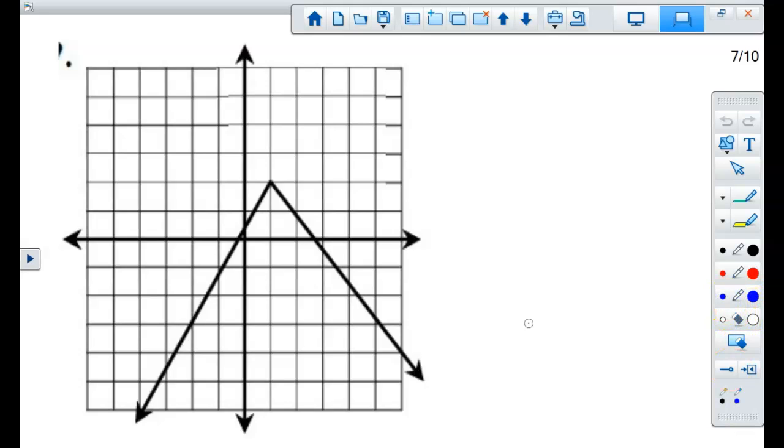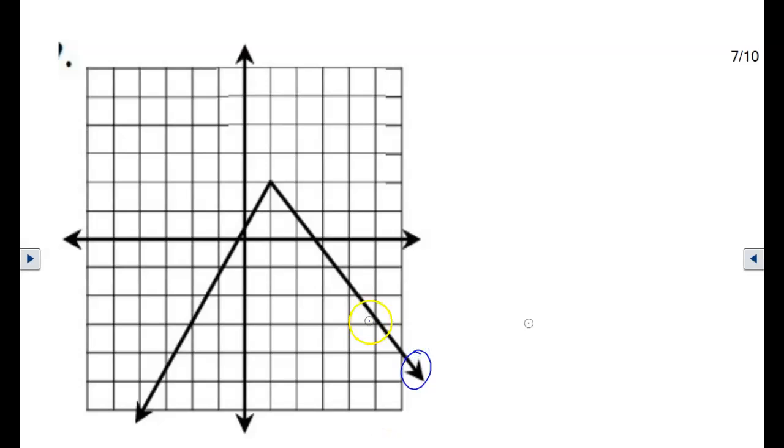All right, same thing on this one. This arrow is going to continue going in the direction it's going, so it's going to continue going right and down. This arrow is going to continue doing what it's doing, so it's going to continue going to the left and down.